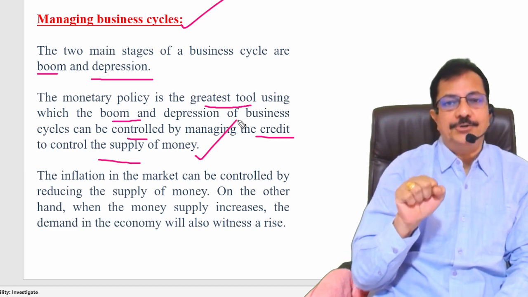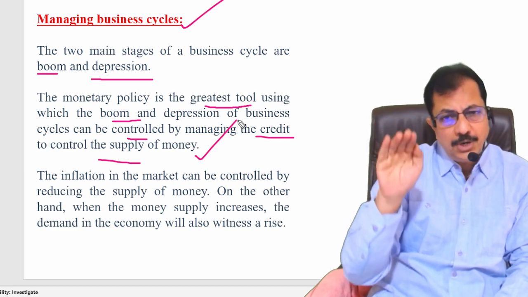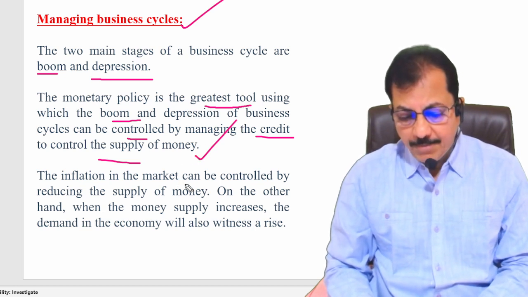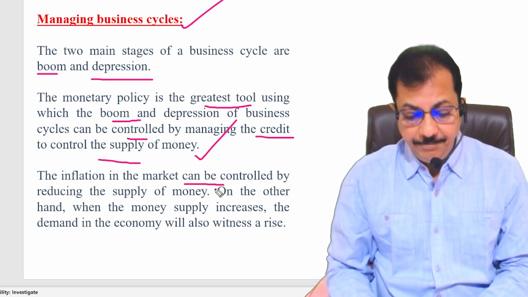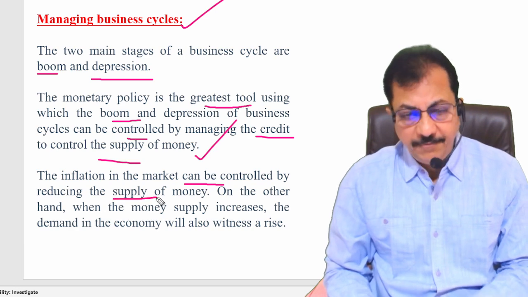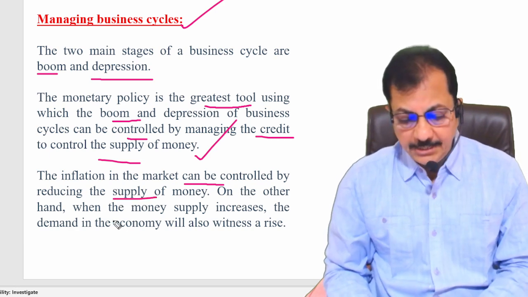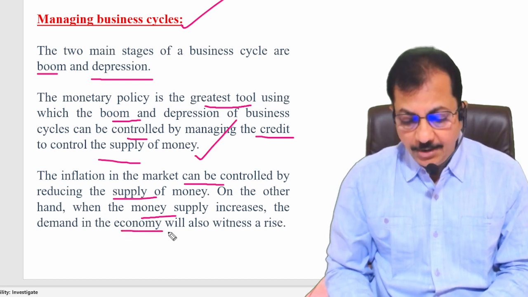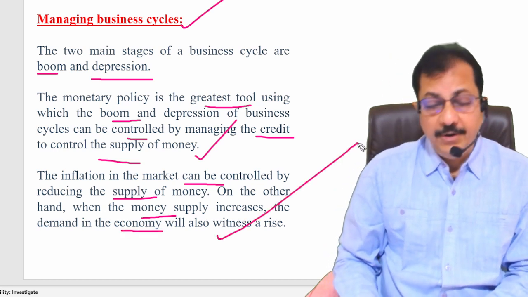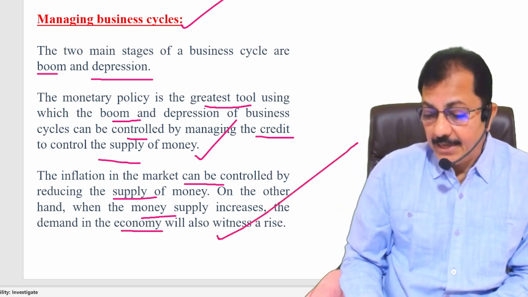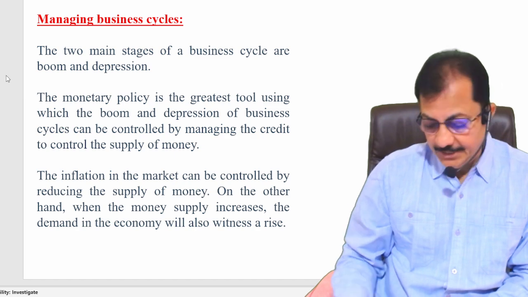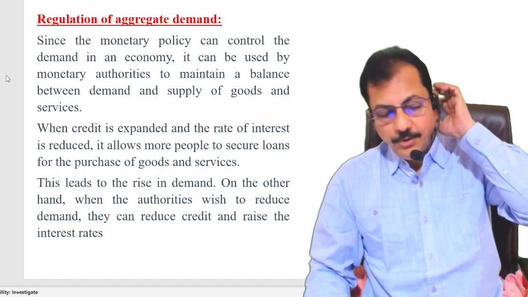Contractionary policy, so that you are controlling the inflation. So the inflation in the market can be controlled by reducing the supply of money. On the other hand, when the money supply increases, the demand in the economy will also witness a rise, right? Hopefully, my dear friends, you are able to follow very easily, right? Look at this next one.